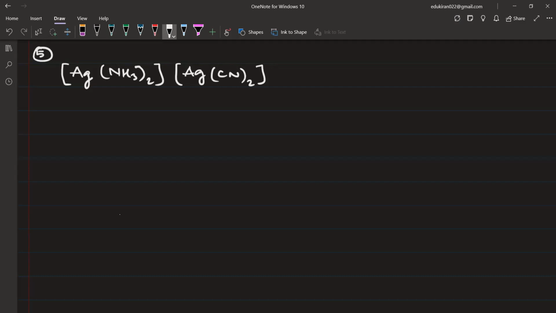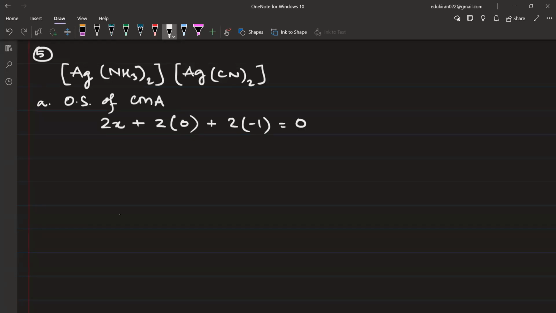When we don't have any counter ion, I will start with the oxidation state of the central metal atom. In this case, both of these are Ag and Ag, so it is going to be easy. We have Ag only here, so it will be 2x, where x is the oxidation state of each Ag, plus NH3 twice, which is 0, plus CN twice, each -1. The net charge is 0.